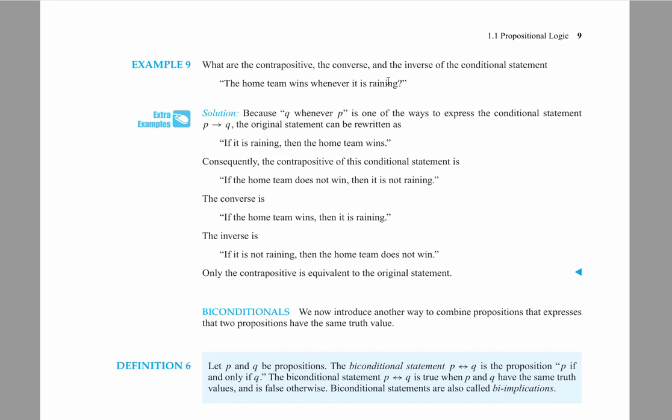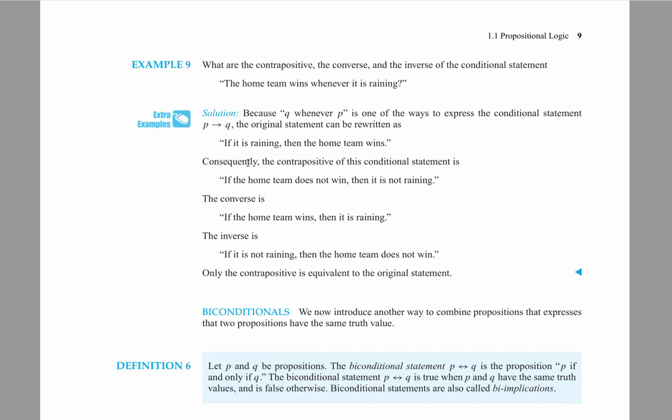So P here is it is raining, Q is the home team wins. Yeah, here it is, written out like that. Okay, so what's the contrapositive?